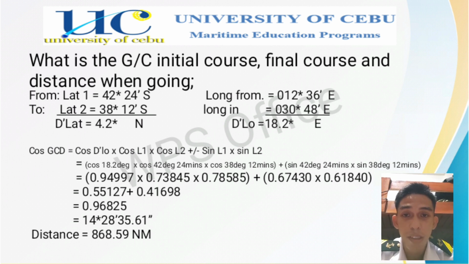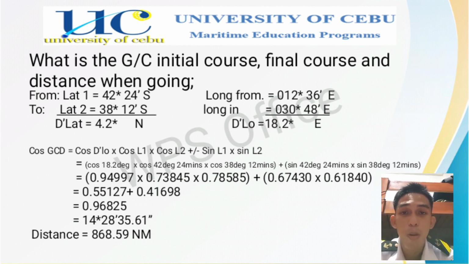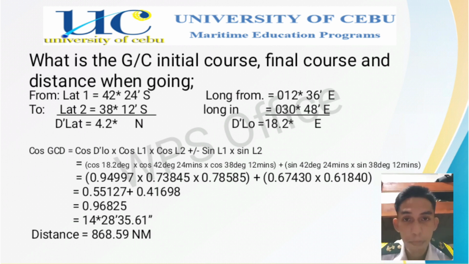The answer is 0.55127. Then in the second parenthesis, 0.6743 times 0.61484, the answer is 0.41698.